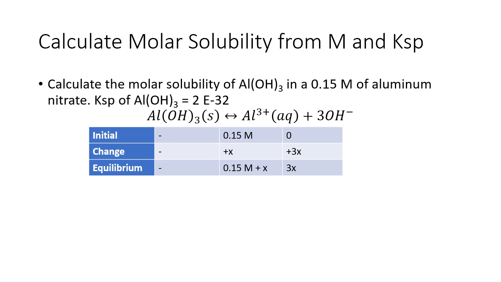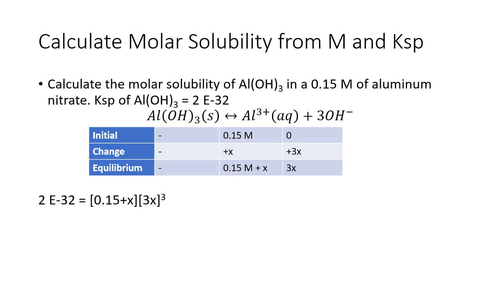We just leave that blank. We have 0.15 molar Al3 plus, and we have no hydroxide to start with. So we add plus x from the aluminum 3 plus, we add 3x to the OH minus, and we get our equilibrium at 0.15 molar plus x and 3x.